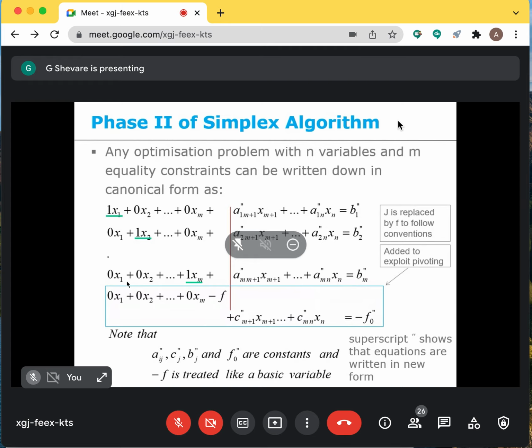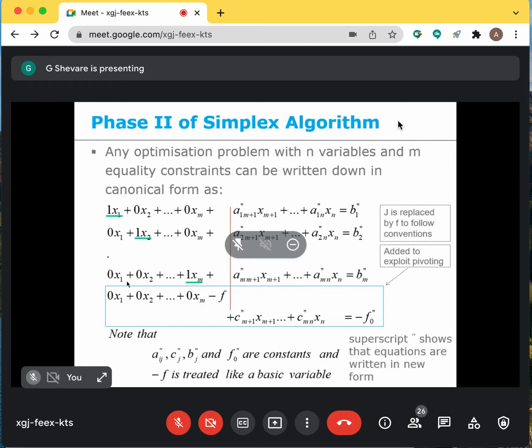So the simplex algorithm says if n variables are given and m equality constraints are given, arrange the equations in the form which is shown below. You will see that these equality constraints are rewritten, reorganized as follows. The first equation is exactly the same as what was given to us, but it is written where x1 is the pivotal variable.